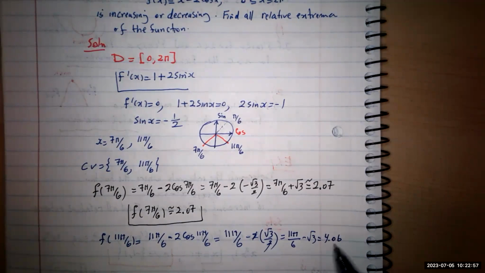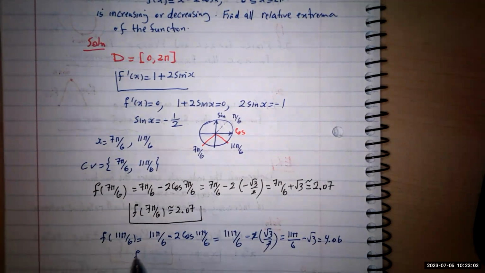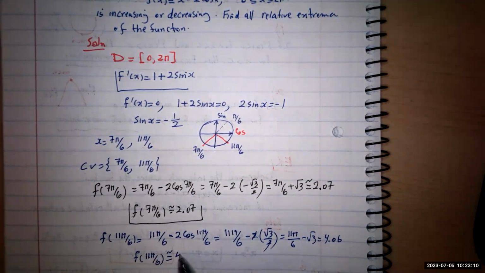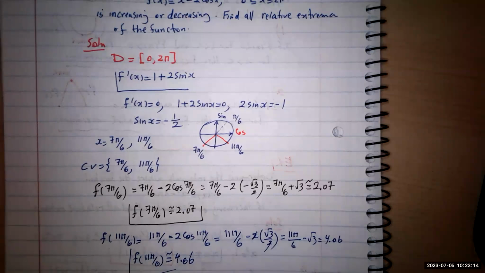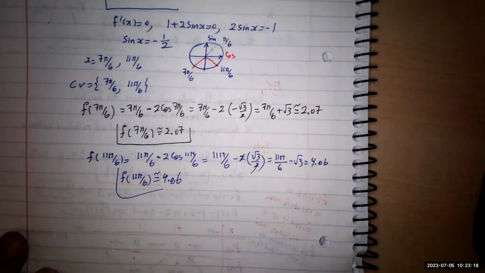I call it 4.06. So again, check your calculator. Make sure you get the same number. For 11π/6, I got almost 4.06. So these are the candidates for the maximum and the minimum.